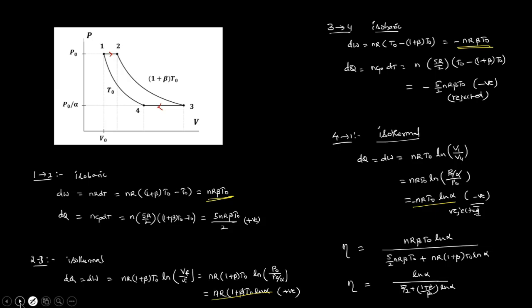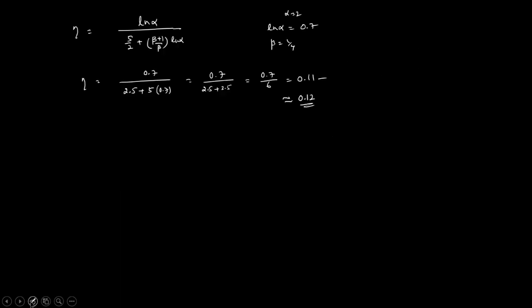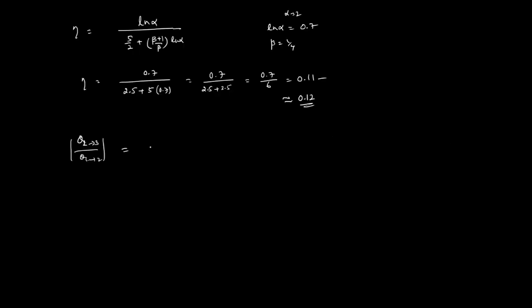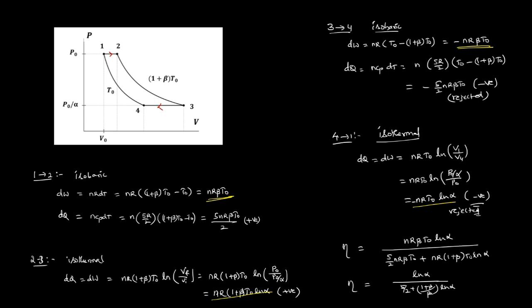Q for 2 to 3 divided by Q for 1 to 2. This ratio we require. Q value for 2 to 3 is nR into 1 plus beta T naught ln alpha. As it is a modulus, no need to go for sign.